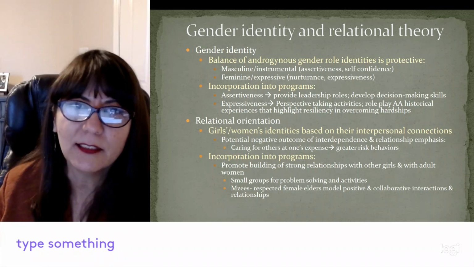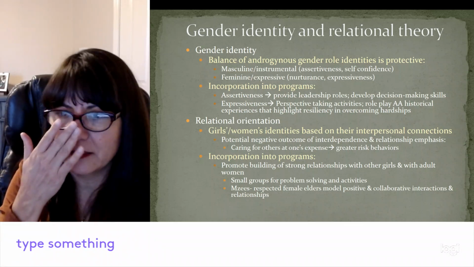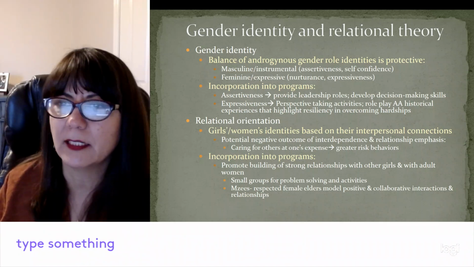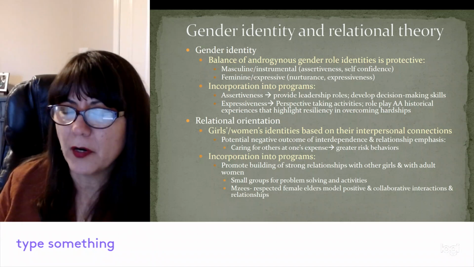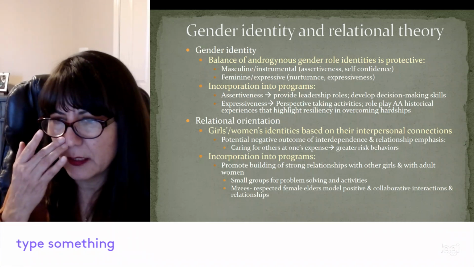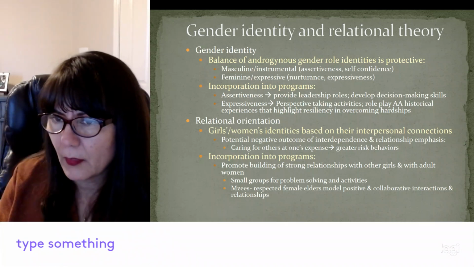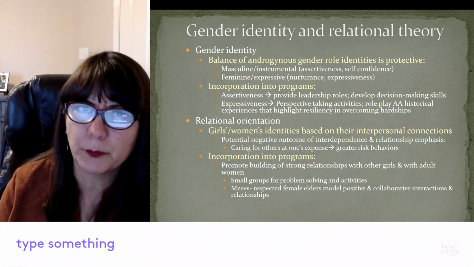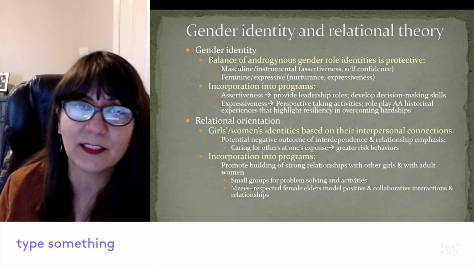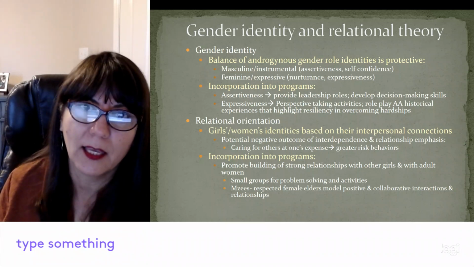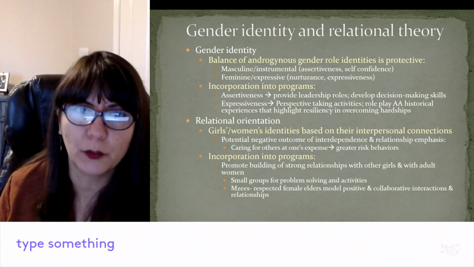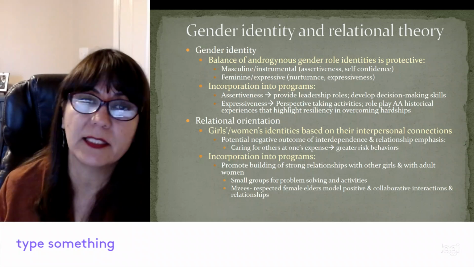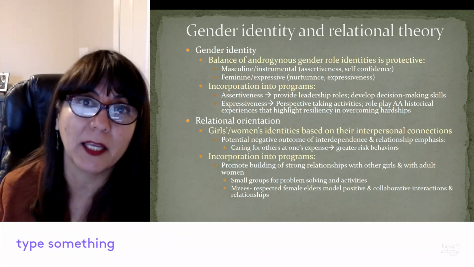Relational orientation, they talk a lot about how the women's identity is kind of based on their interrelational connections. And so part of the program really worked to, but they also talked about how these interpersonal connections might work against the well-being of these girls, especially if they had such loyalty to the relationships that they would follow them into risky or unhealthy behaviors, right?